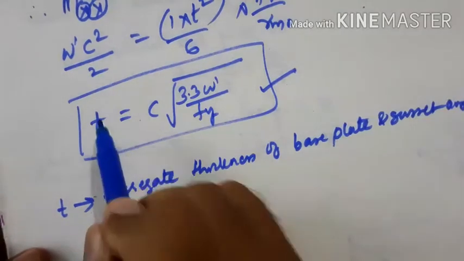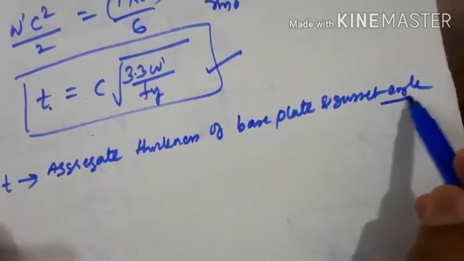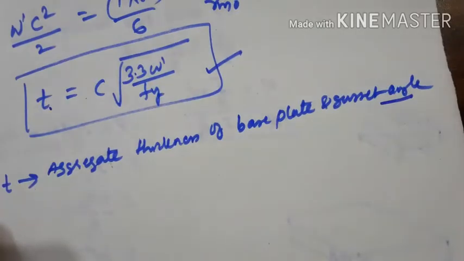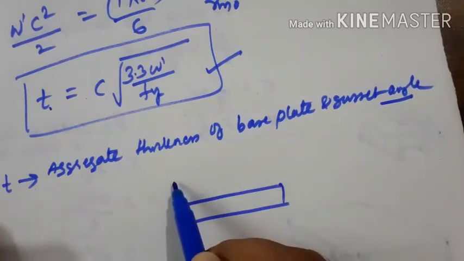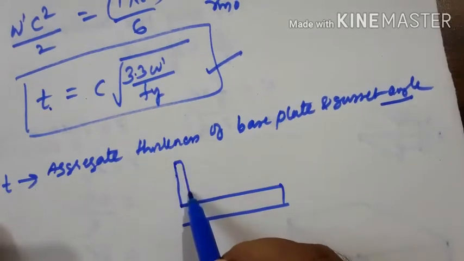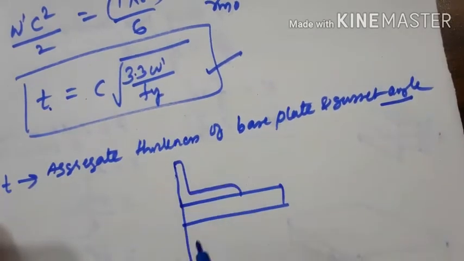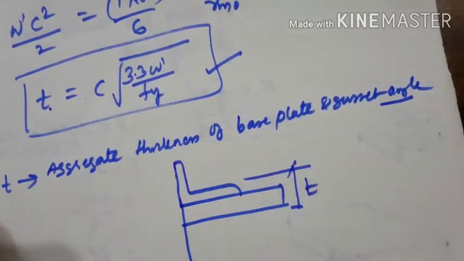This t, whatever you calculate, will be the aggregate thickness of the base plate and gusset angle. Finally, you need to calculate only the thickness of the base plate. So the base plate is like this. Whatever thickness you calculate here, it will be the t.